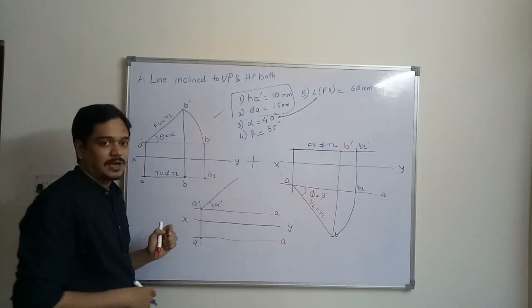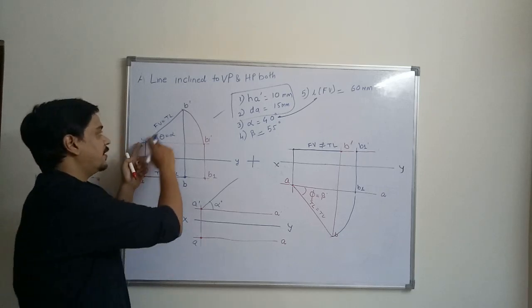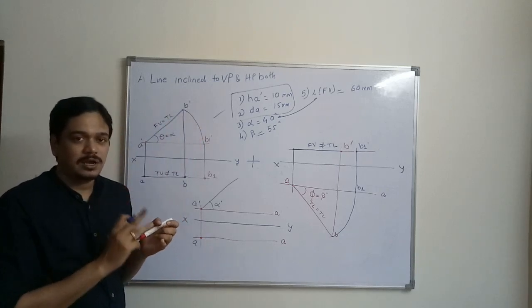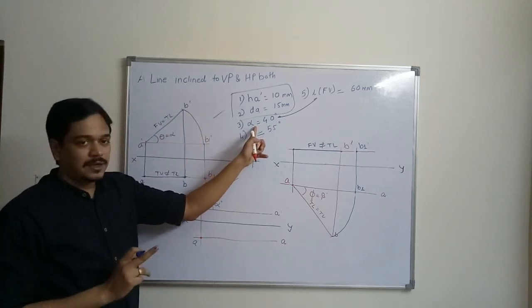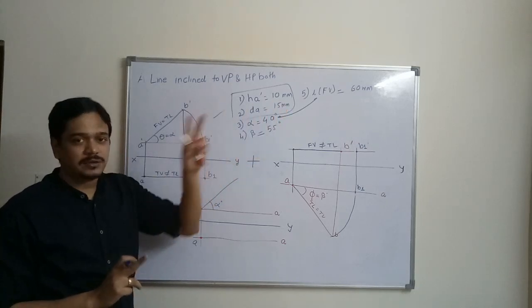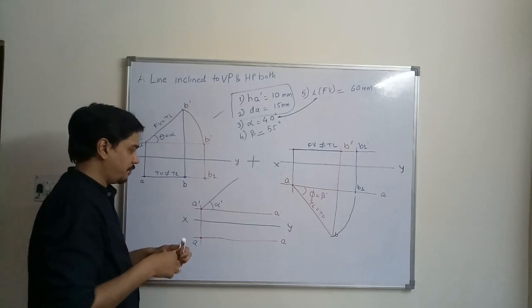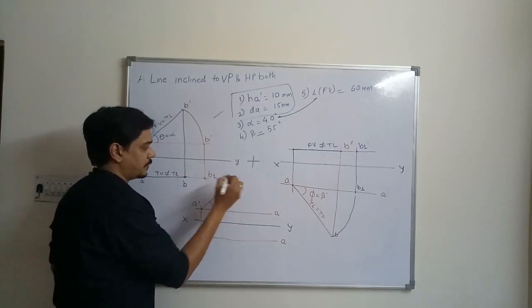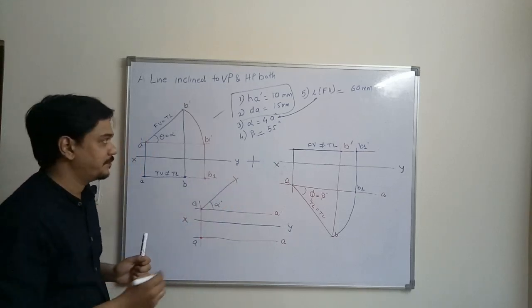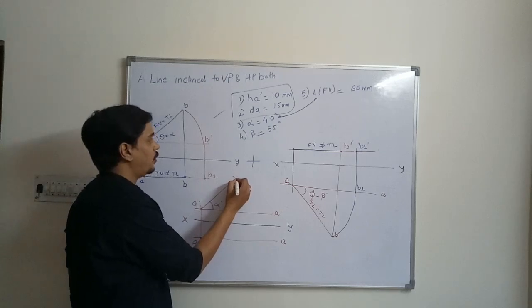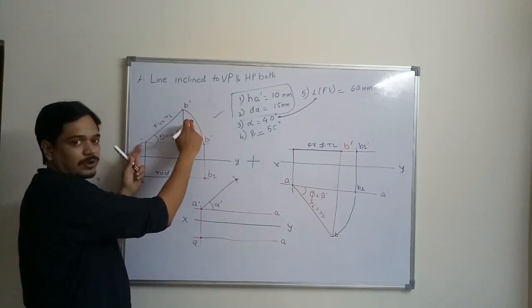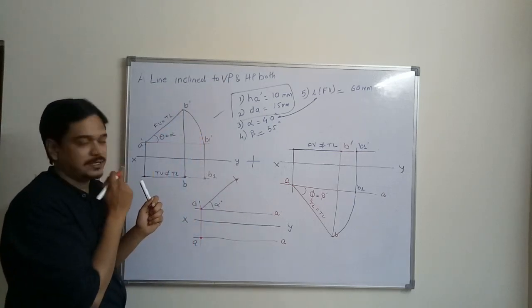After drawing this alpha, what you have to mark? Alpha is the angle of front view, so you have to mark the front view length on this alpha. This is the front view length. After marking it, you will get point B dash.